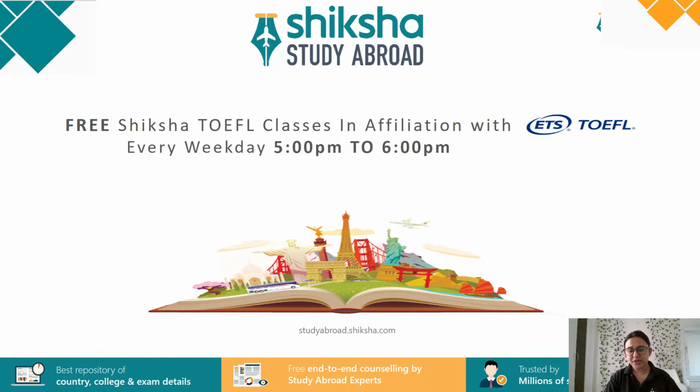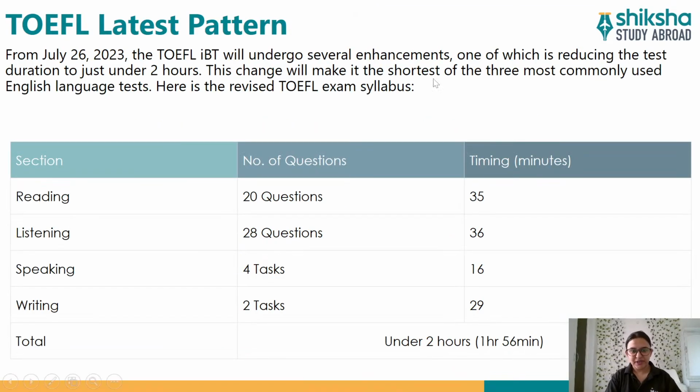Alright guys, I was talking about the latest pattern which has come up for the TOEFL. Let me take you through the modules one by one, with the number of questions and timings. Reading has come down to 20 questions and the timing is 35 minutes. Listening is 28 questions and 36 minutes.